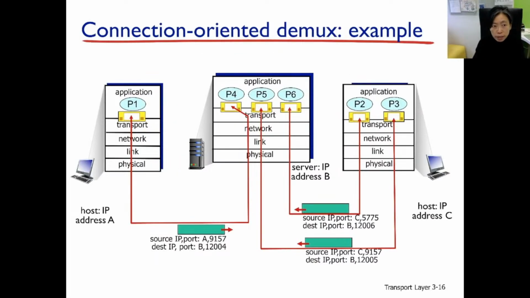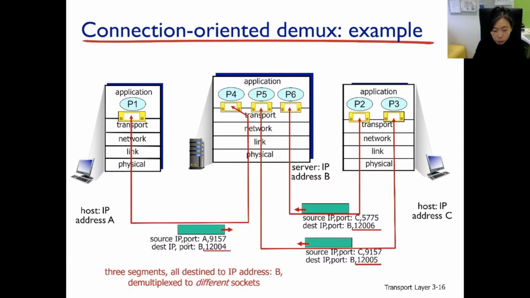Now, let me use an example to illustrate and explain. We have a scenario where three segments are being sent from clients A and C to the server in the middle, B. All three segments are destined to B, and they're supposed to be demuxed into different sockets. TCP sockets will be using a 4-tuple to decide. And what will be the 4-tuple? Well, source IP address, destination IP address, and what?